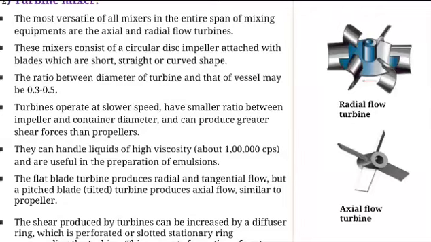The flat blade turbine produces radial and tangential flow, but a pitched blade turbine, that is tilted, produces axial flow similar to the propeller. The shear produced by the turbine can be increased by a diffuser ring, which is a perforated or slotted stationary ring surrounding the turbine. This prevents formation of the vortex.